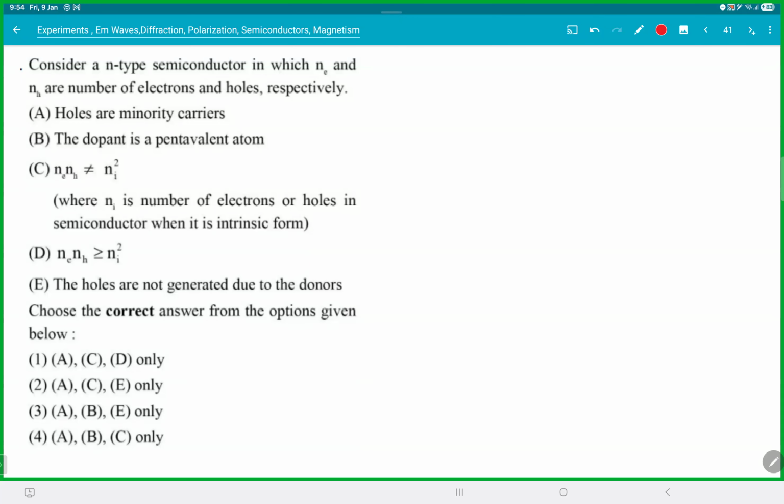Consider an n-type semiconductor. In an n-type semiconductor, electrons are the majority charge carriers, holes are minority. True. The dopant is a pentavalent atom. True. You need excess electrons. Ne is NH. This is wrong. Ne into NH is always equal to Ni square. This is called the law of mass action.